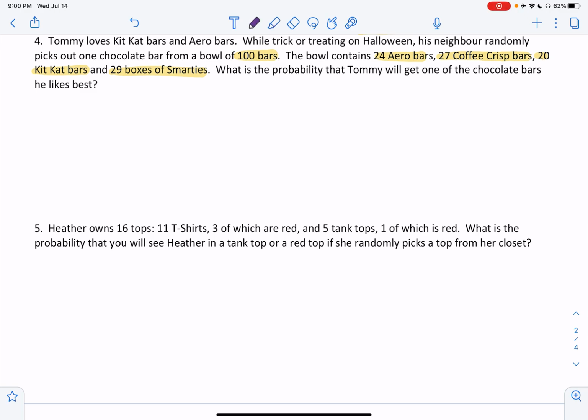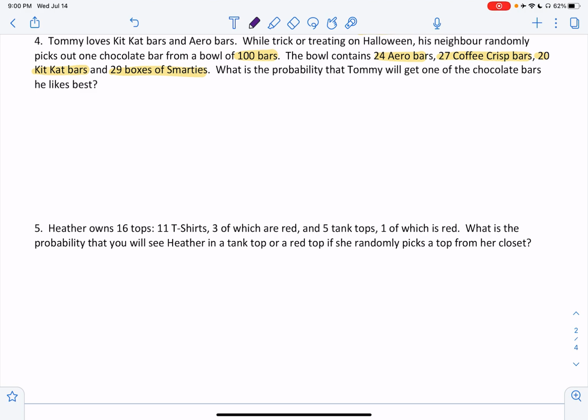So we want to determine the probability of getting an Aero or a Kit Kat because those are the two that Tommy likes. So are these mutually exclusive? If I only pick one bar randomly, can I simultaneously have it be a Kit Kat and an Aero?